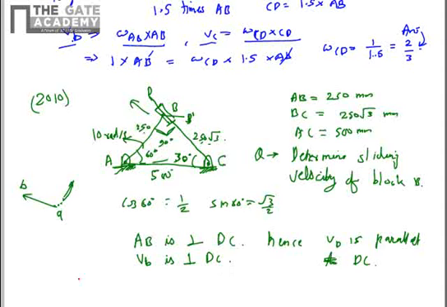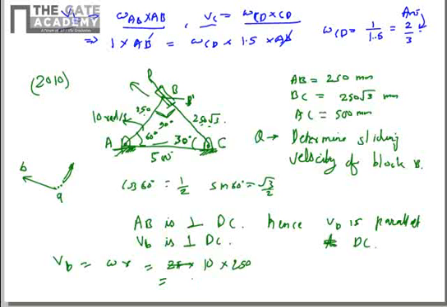And you know the magnitude of the velocity of B. VB will be equal to omega into the radius, which is 250. VB is 2500 millimeter per second, or 2.5 meter per second. So this is the correct answer, which is present in the options, and you can pick this.